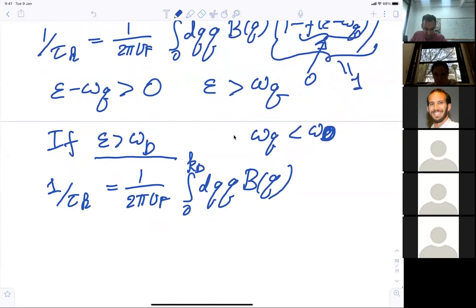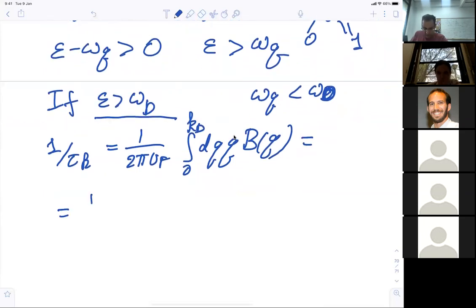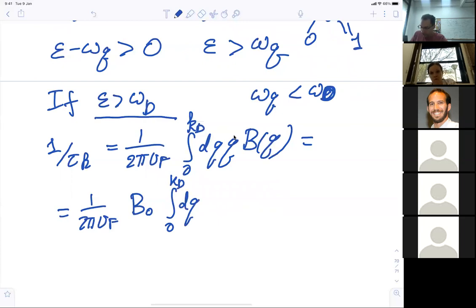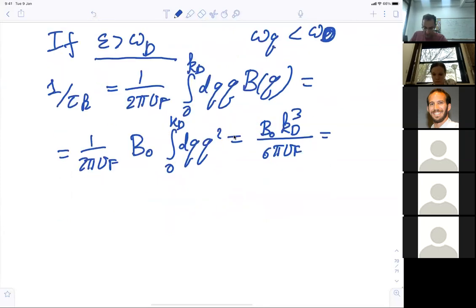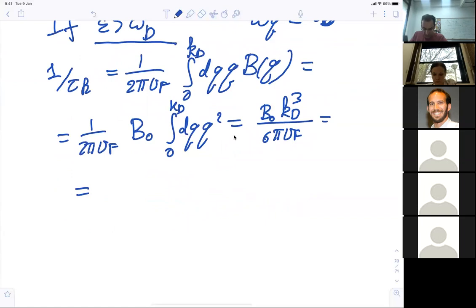We have seen this integral before. It's almost the same integral. So it's 1 over 2 pi v Fermi b0 integral from 0 to k Debye dq times q square. It's equal to b0 k Debye cube over 6 pi v Fermi. And in terms of our old friend, the nominal scattering time, this is this time times s over v Fermi.